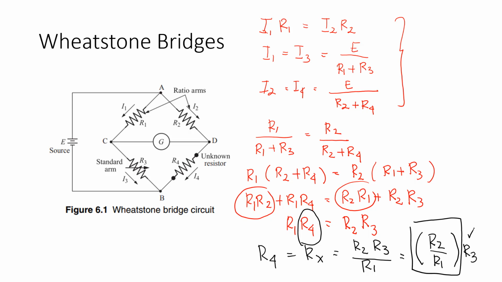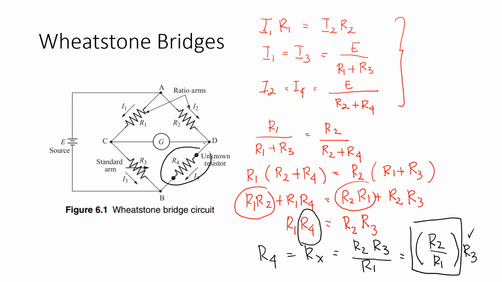From this we can know the unknown resistor. So in the Wheatstone bridge we connect the unknown resistor to some measurement, and using this mathematics we can know the value of the unknown resistor R4.